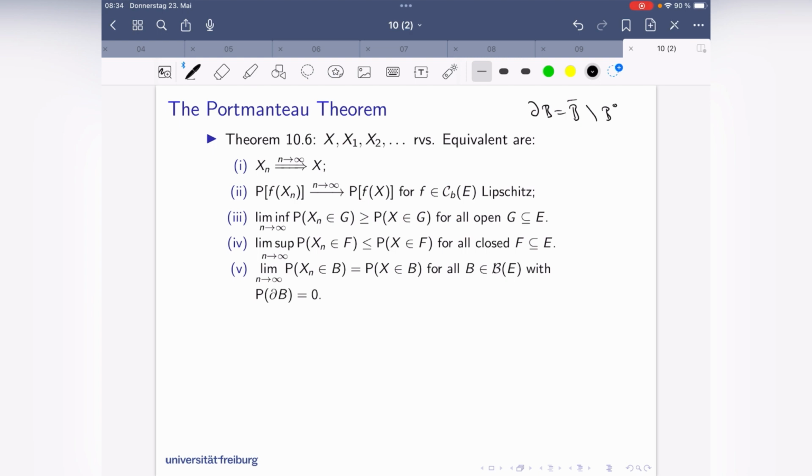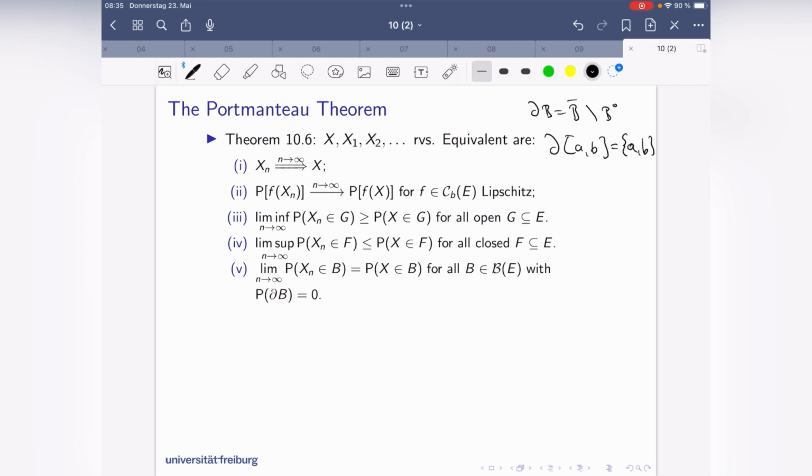So for example, the border of an interval a to b is the points a and b. And it does not matter if I have closed or open intervals, the border is always this. So it's also the same that x_n being in a set B converges for all sets where the border has measure 0. Yeah, like this here.